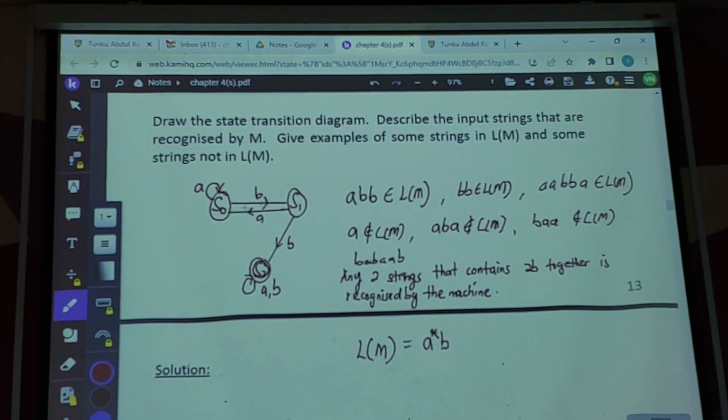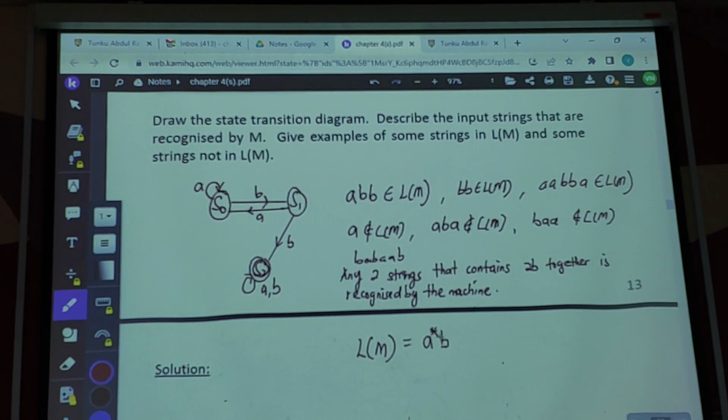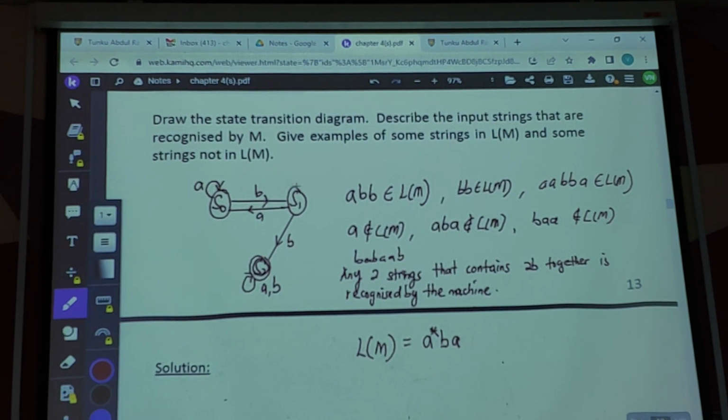You can go back or you go to B. If we consider going back first, then it will be A asterisk B followed by A. When you go back to S0, it repeats the same thing again.